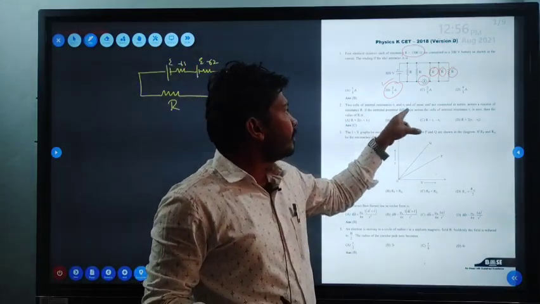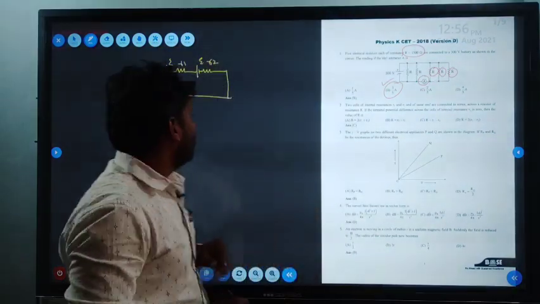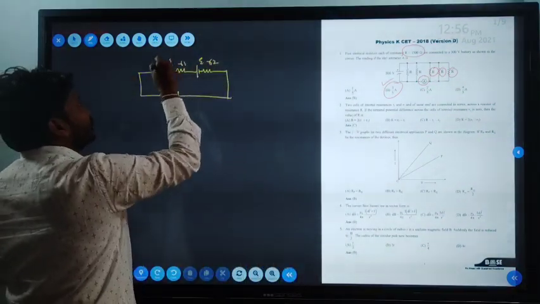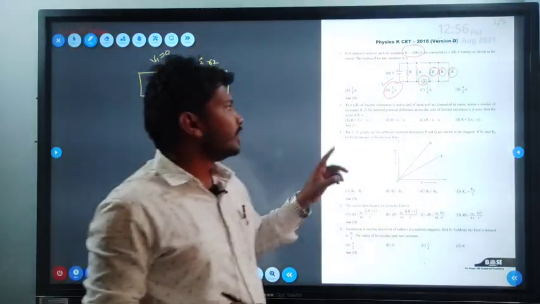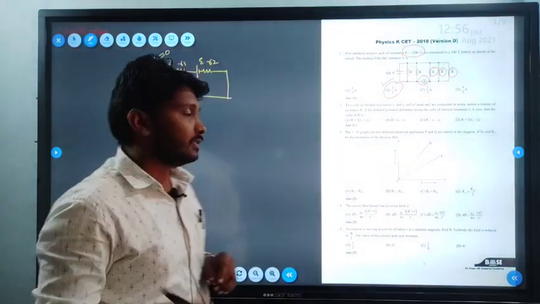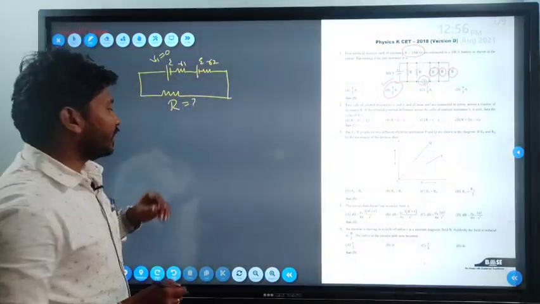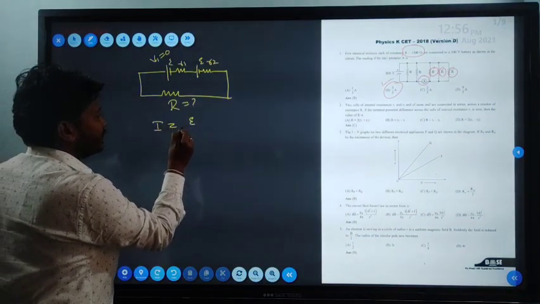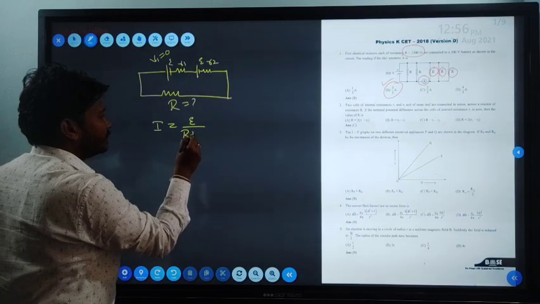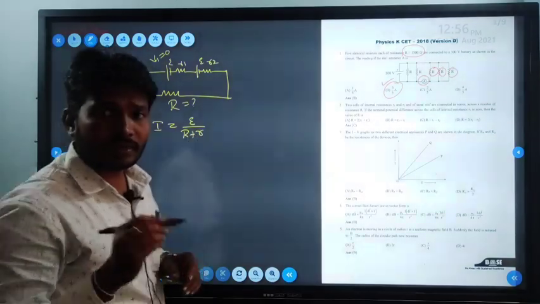If the terminal potential difference across the cell of internal resistance R1 is 0, it means that V1 value is 0. Then the value of R is, so we have to find out that R value. What is the connecting formula? Current I is equal to E divided by R plus r.